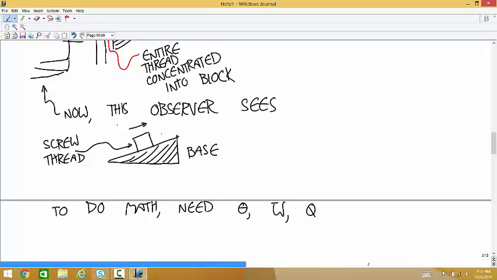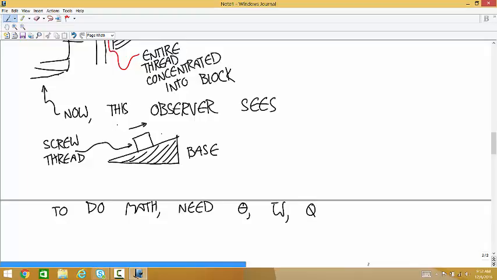So this graph is you assume it arbitrarily, it's not like on the screw, but you assume it for calculation. The block? Yeah, so what's happening when the screw rotates up the base is that a large surface area of thread on the screw is in contact with a large surface area of thread on the base, and they're sliding against each other.